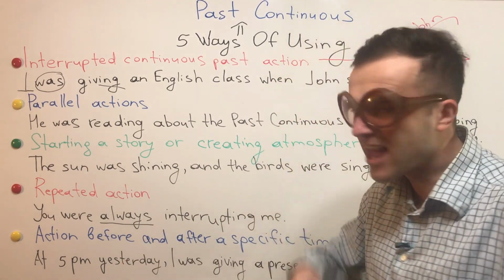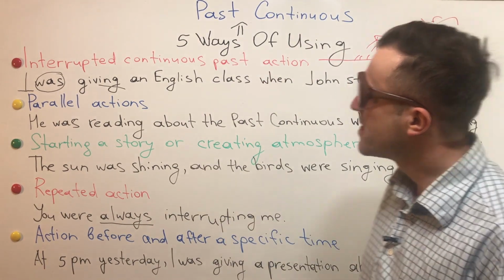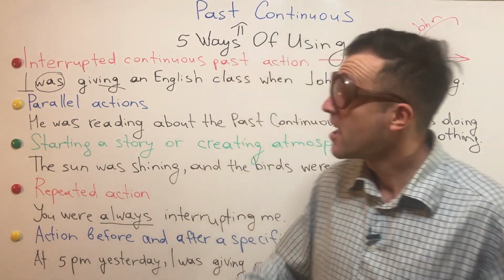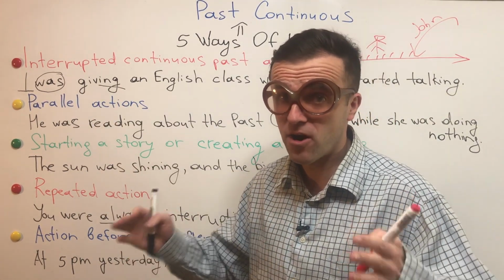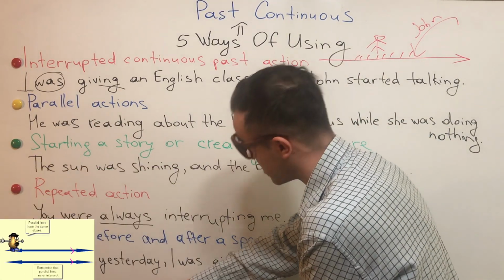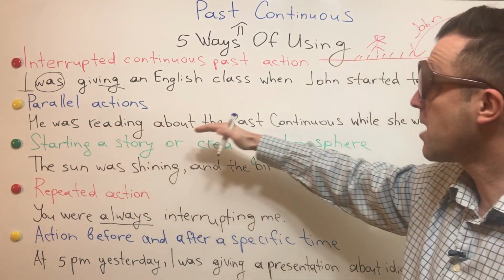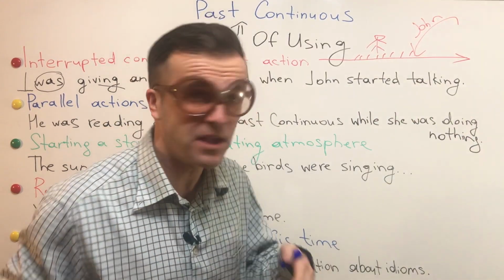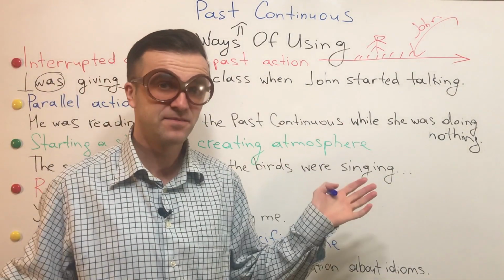Okay? So let's move on to the second way of using the past continuous. Parallel actions. Do you know the word parallel, guys? So let's imagine that he was reading about the past continuous peacefully, yes, while she was doing nothing.